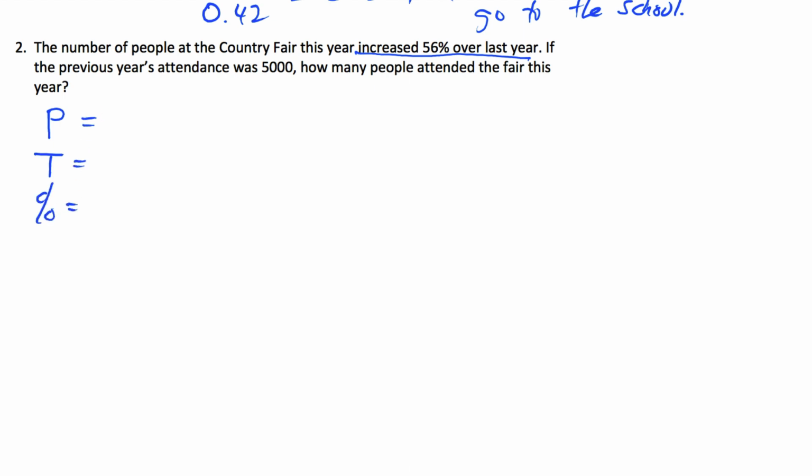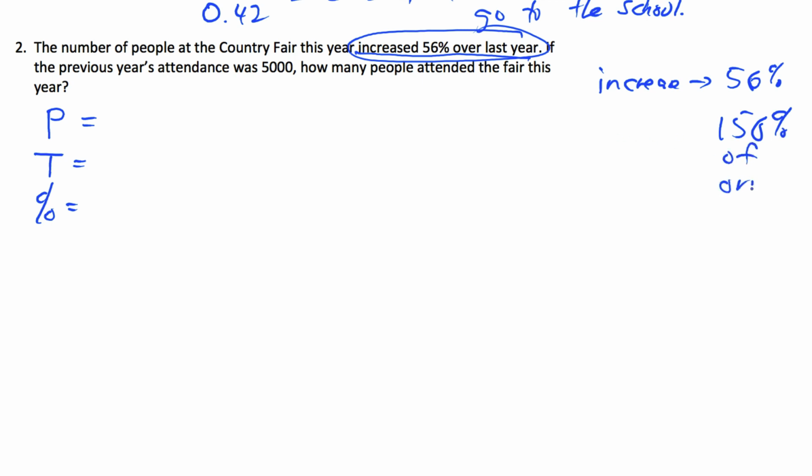And the extra complication in this question is that the question says increased 56% over last year, which means that our increase percentage is 56%. Or if we would rather look at it as the percentage of the original amount, that would be 156% of the original.